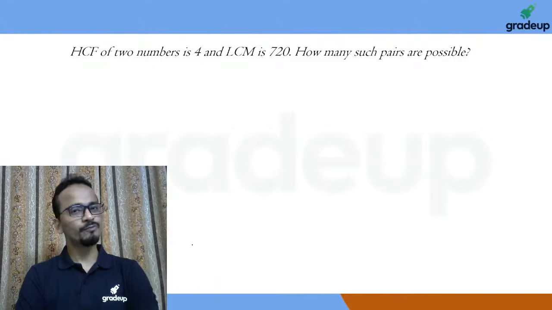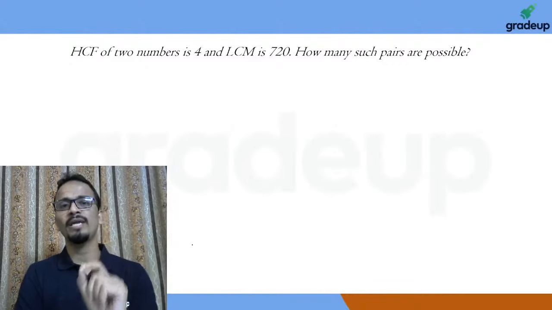So here HCF is 4 and LCM is 720. Now please be careful while you are doing this one.